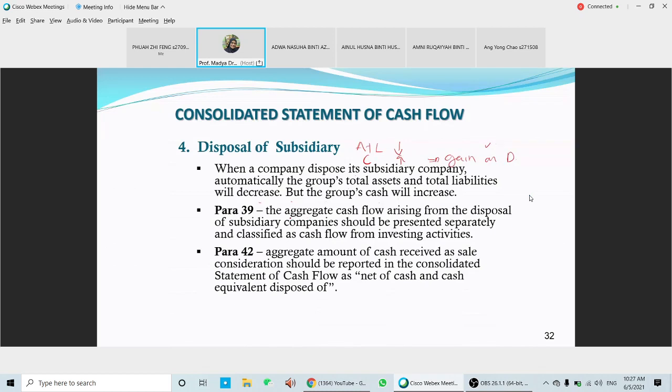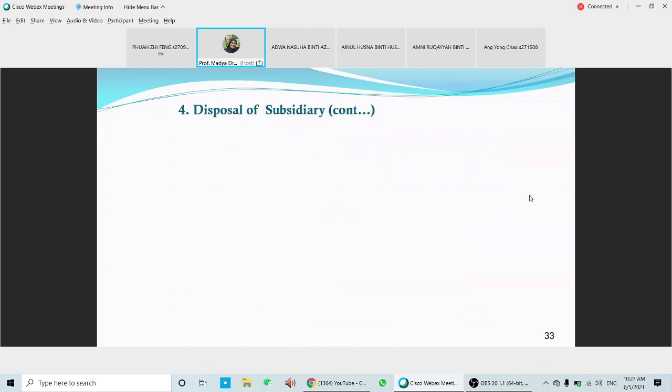The same thing, the aggregate cash flow arising from the disposal of the subsidiary should be presented separately and classified under cash flow from investing. The aggregate amount of cash receipts of the sale consideration should be reported in the consolidated statement of cash flow as net of cash and cash equivalents disposed of. This is the term that we use, disposed of.